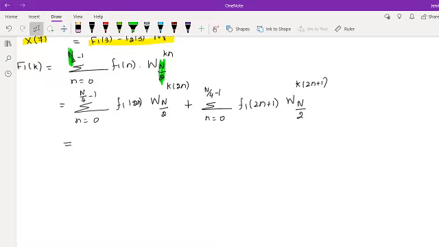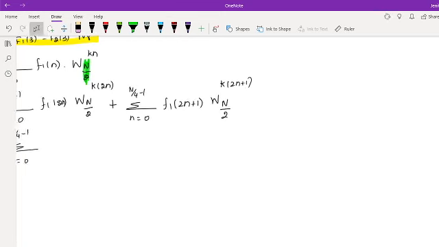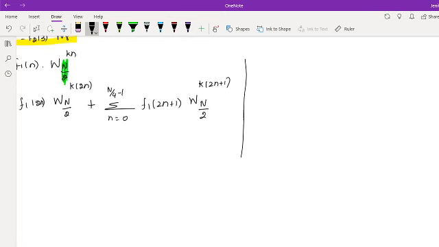So now this is equal to summation n equals 0 to N by 4 minus 1. In the beginning I told you we represented the even part, f1 of 2n, as v1 of n, and the odd part, f1 of 2n plus 1, is named v2 of n.